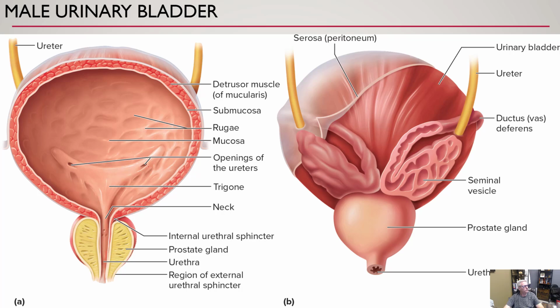In the male, you can see where the ureters are going to open up into the bladder. And here's our internal sphincter. Remember, a sphincter is just a circular smooth muscle.